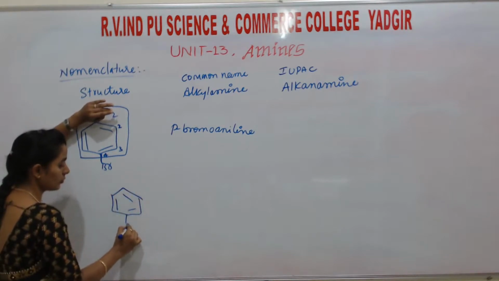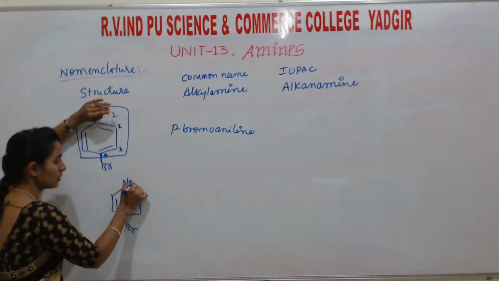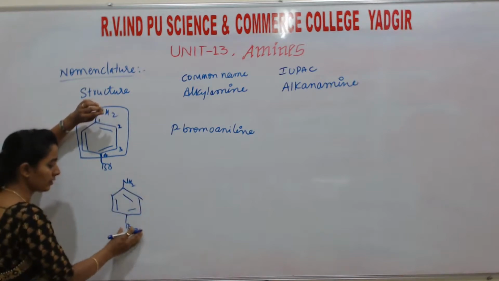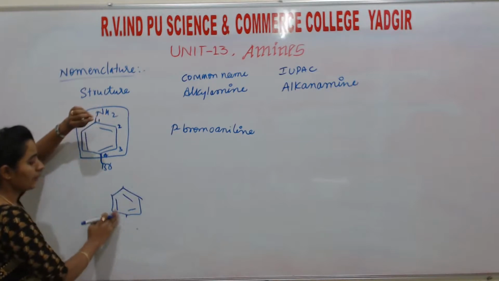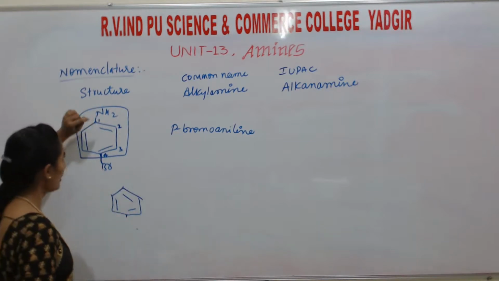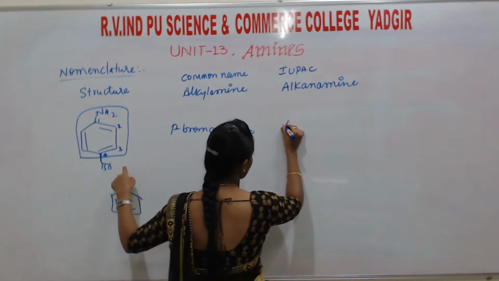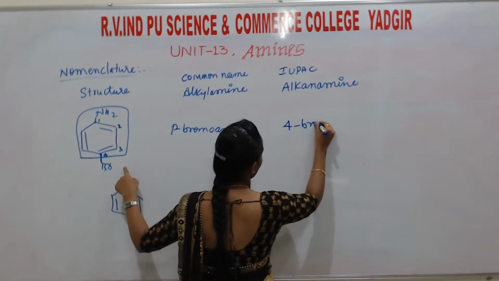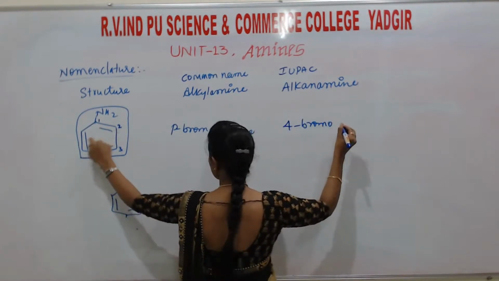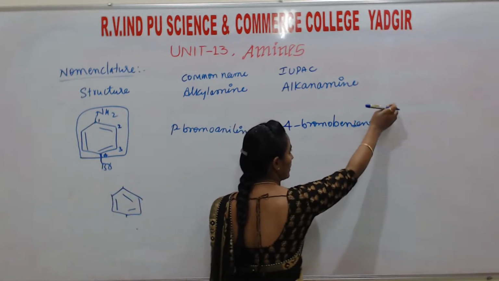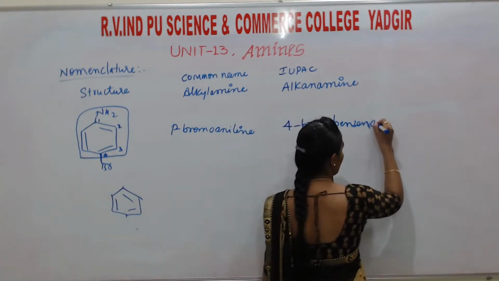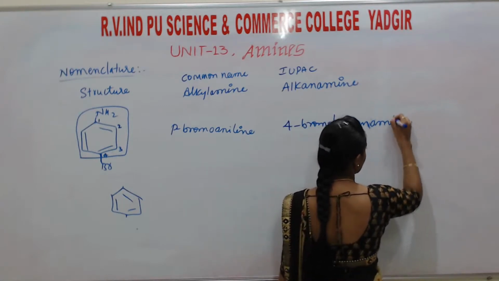So this is the parent chain, benzene. At the fourth position, Br is there. At the first, NH2 is there. This is the functional group. This is the Br. Except these two, this is the parent chain, that is benzene. So now we write the substituent first. That is 4-bromo. Next the parent chain, that is benzene. The last E is replaced by amine.